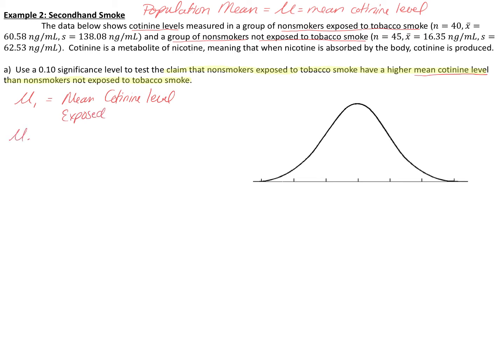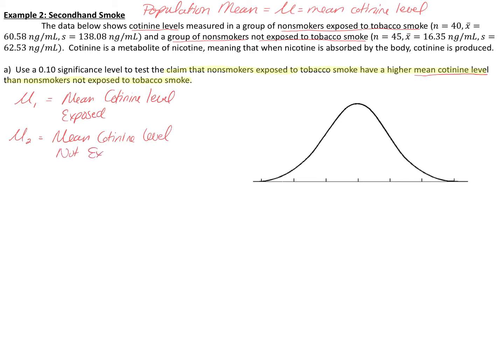And then mu sub 2 represents the mean cotinine level for the population. Cotinine, let me make sure I spell that correctly. All right, for the group that is not exposed.